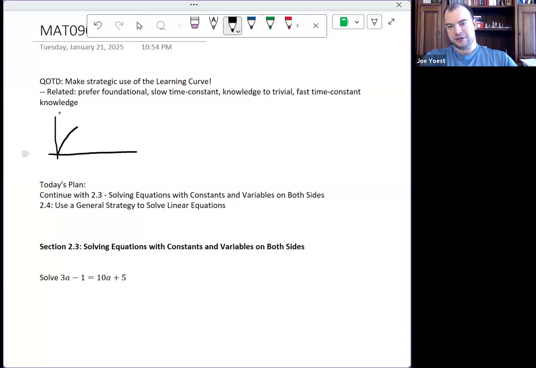I think of a graph like this when I look at, say, time or effort invested versus, let's say, something like expertise or something along those lines. So with a moderate investment of time or effort, you can develop a reasonable level of expertise in maybe some specific field.